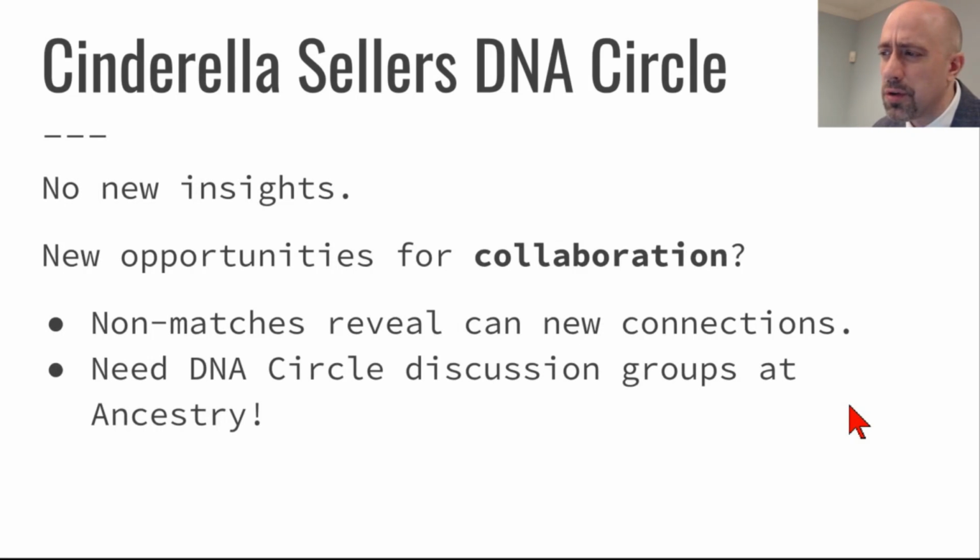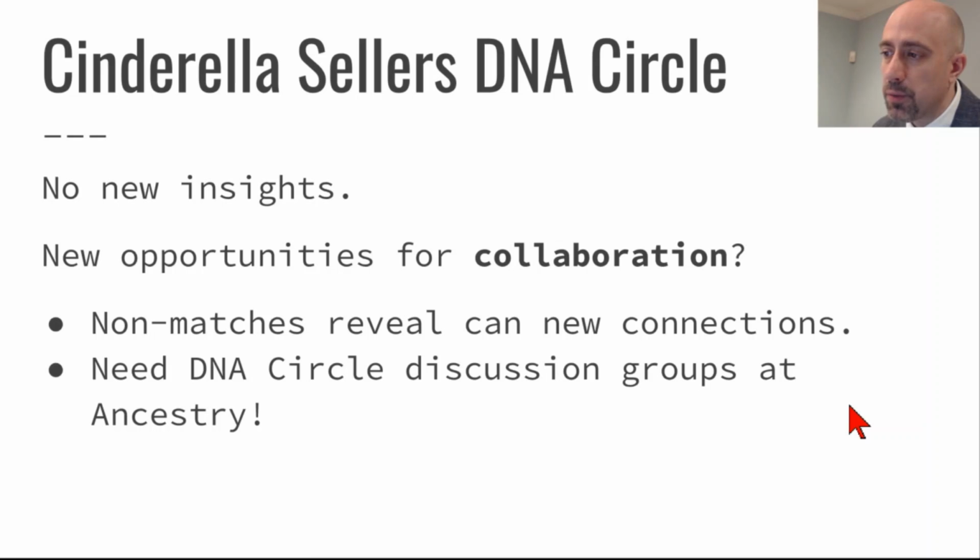So the DNA circle for Cinderella Sellers probably doesn't provide us any new insights, but it might provide us with some opportunities for collaboration. It kind of brings some of the non-matches into view. Some of the people who belong to the circle don't match my family, but they may be strongly connected to the DNA circle. So that may be a useful feature of the circle.